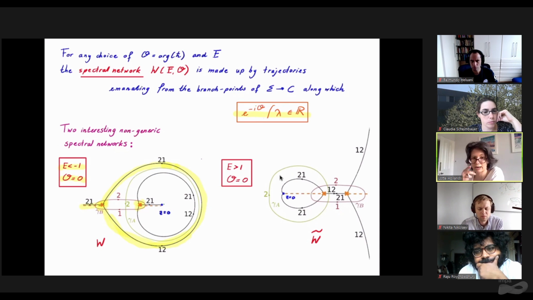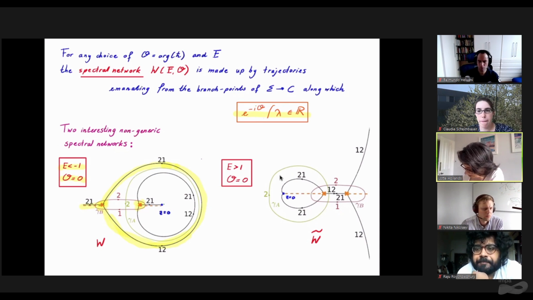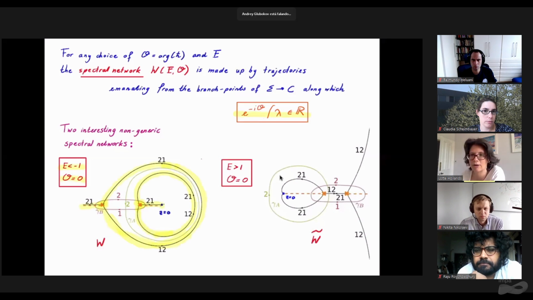It's a non-generic kind of spectral network. There are some other trajectories that start out from the other branch point. One is going into the puncture at c equal to 0, and the other ones are again going around the loop.